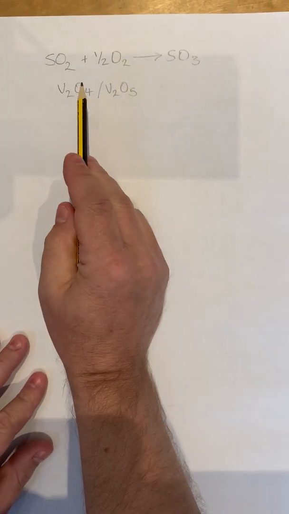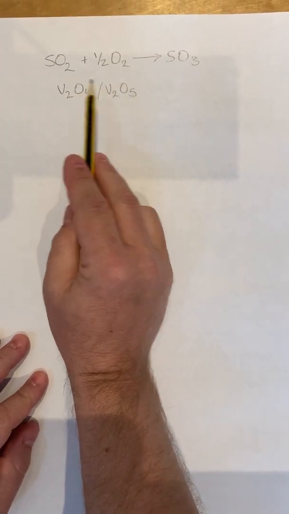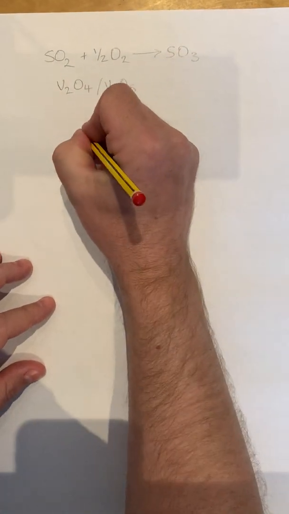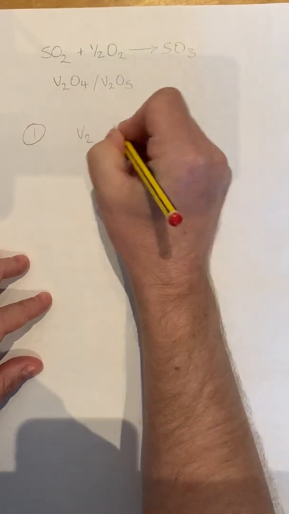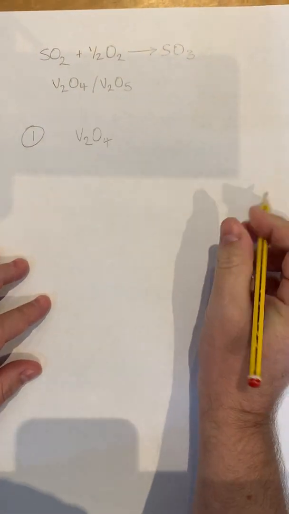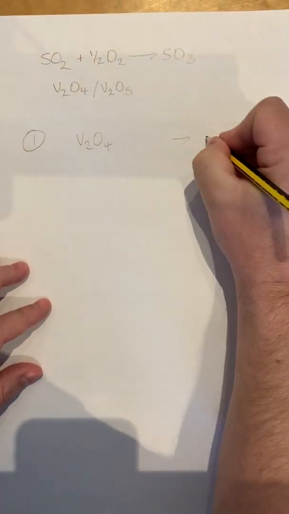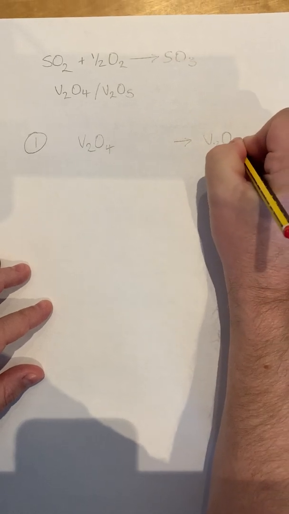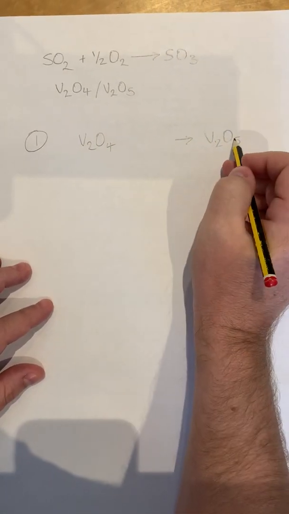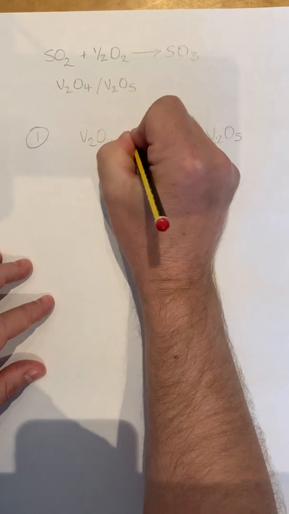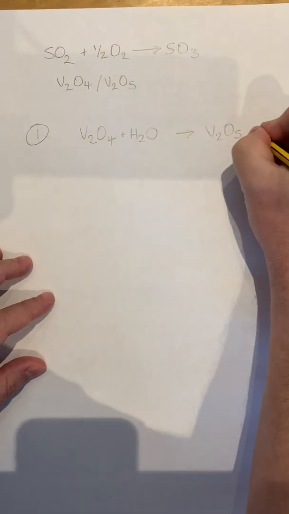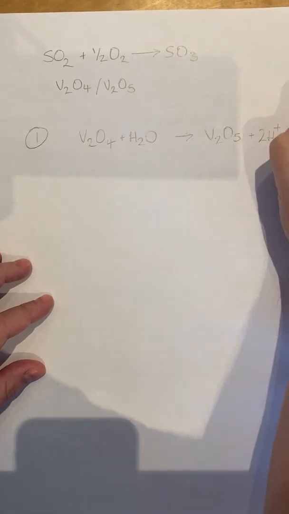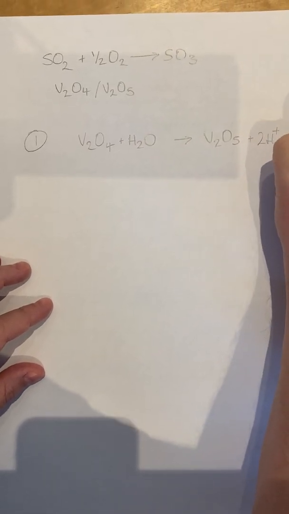The first step that we need to do is write out the redox reaction for converting our catalysts into one another. So if we wanted to convert V2O4 into V2O5, vanadium's balance, one extra oxygen here, so we add H2O here, two H's, so we need two H plus and two electrons.